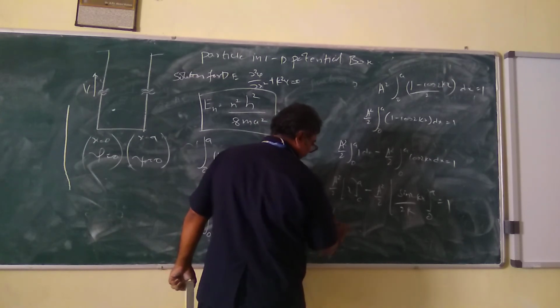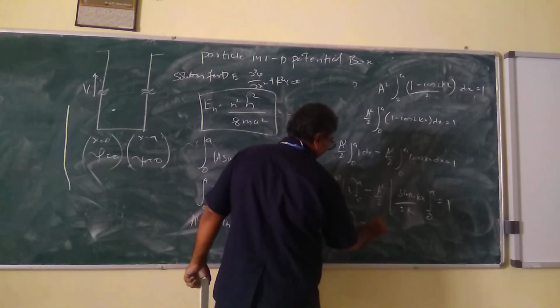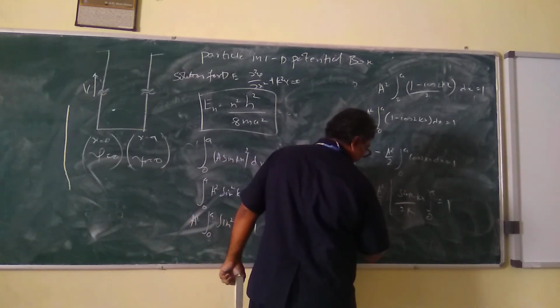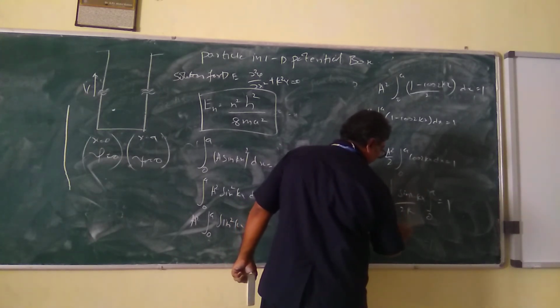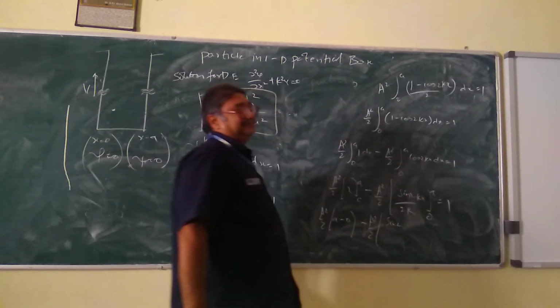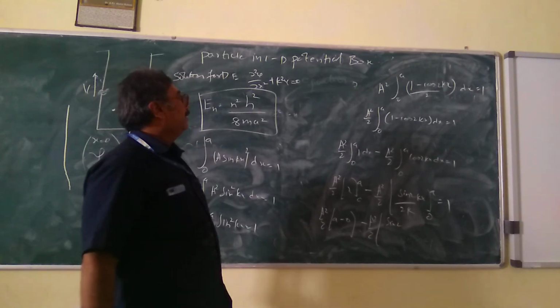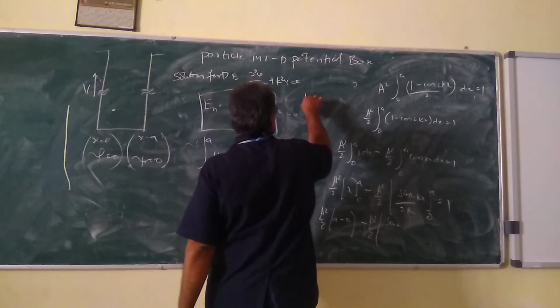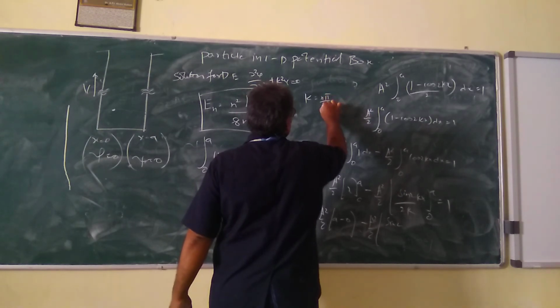So we get A square by 2 into a minus 0. Here we get A square by 2 into sin 2 into k, and we have already calculated the value of k: k equals n pi by a.